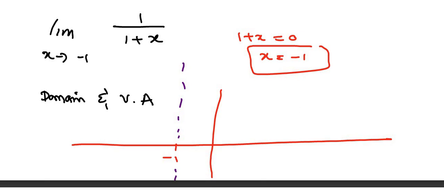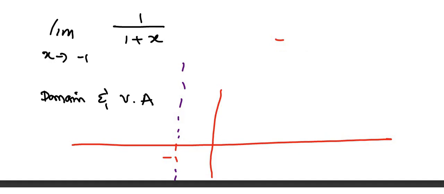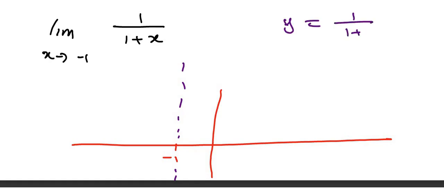Then we try to get our x-intercept. Is there any point where we're going to touch the x-axis? Let's check. Treat this like a function, 1 over 1 plus x. If you put 0 equal to y, there is no number of x you're going to get, because you're going to get 0 is equal to 1 over 1 plus x, meaning 0 is equal to 1, which is mathematically wrong, because 0 cannot be equal to 1.